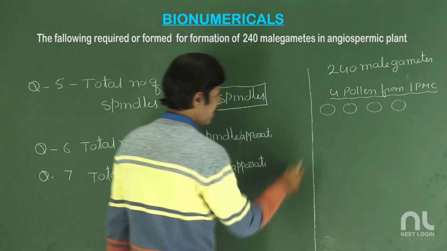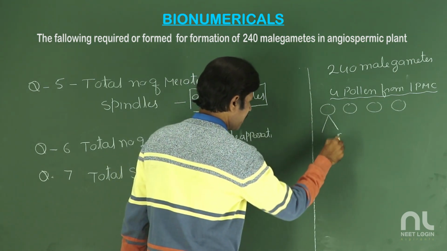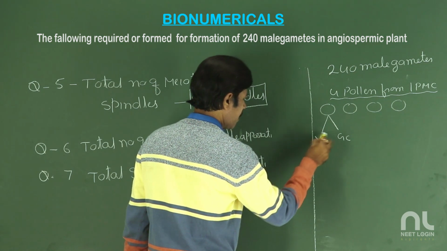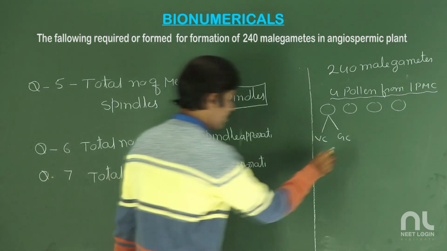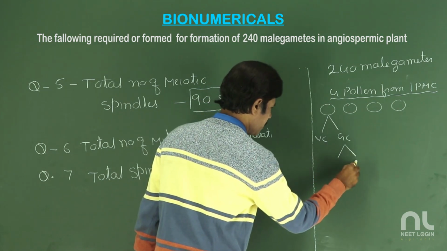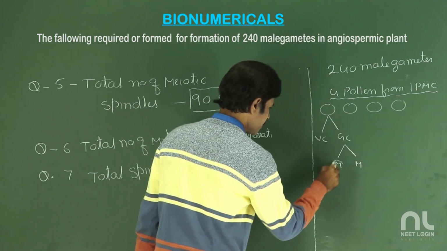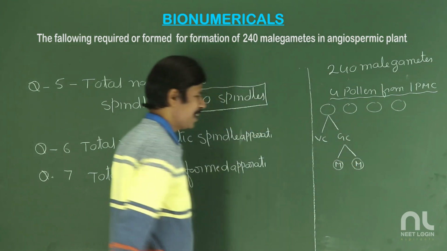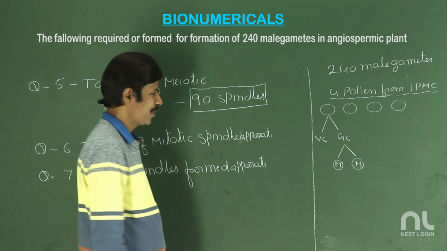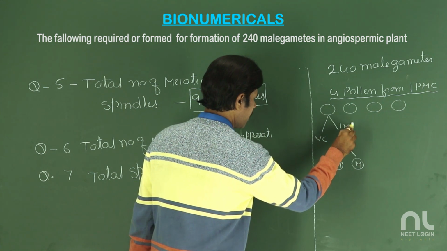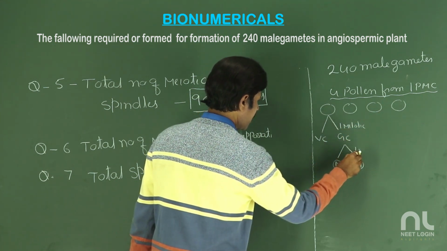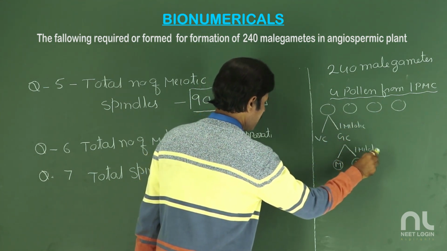In each pollen, 1 mitotic division results in generative cell and vegetative cell. The generative cell gives how many male gametes? 2 male gametes. So 1 mitotic, 1 mitotic.